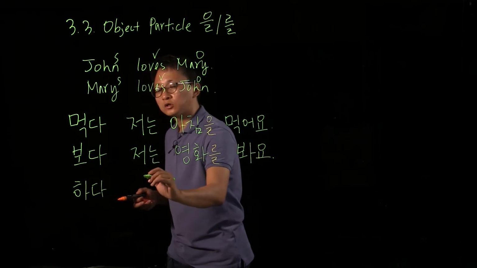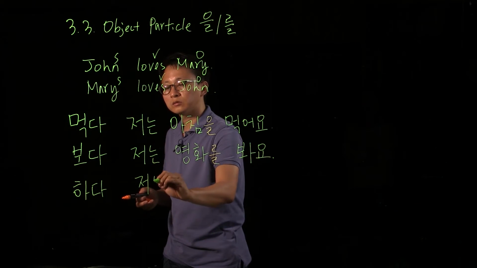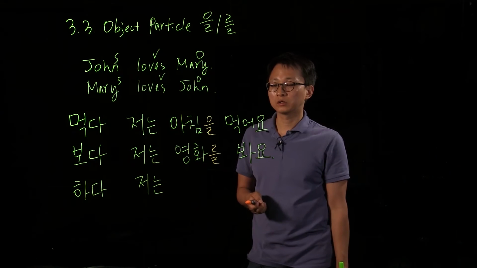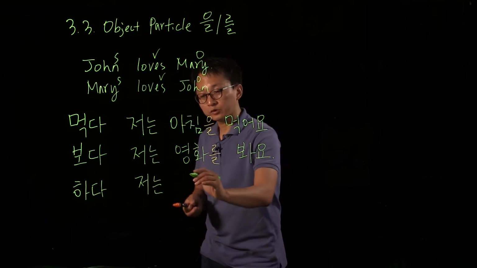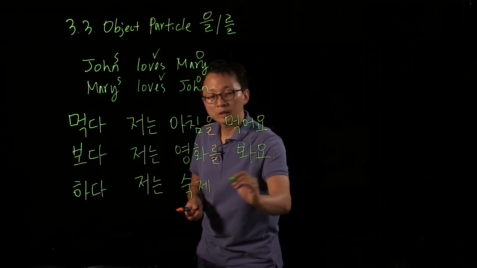What about 하다? Do. 저는 해요. It sounds incomplete. 저는 해요. 뭐 해요? 숙제. So homework. I'm doing my homework. 숙제 해요.